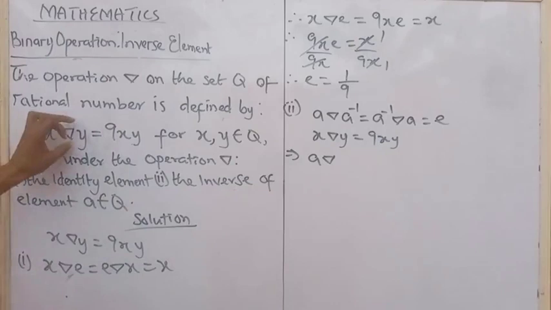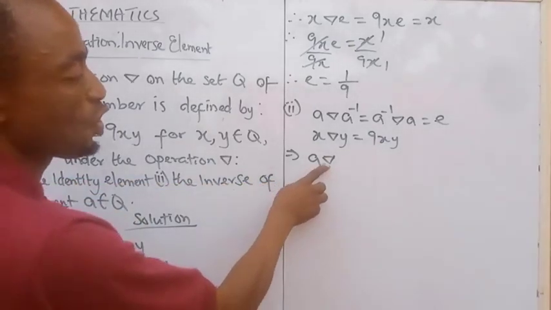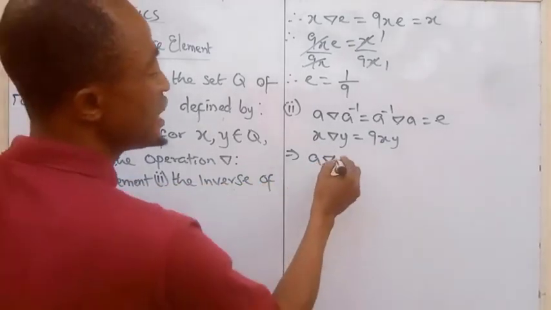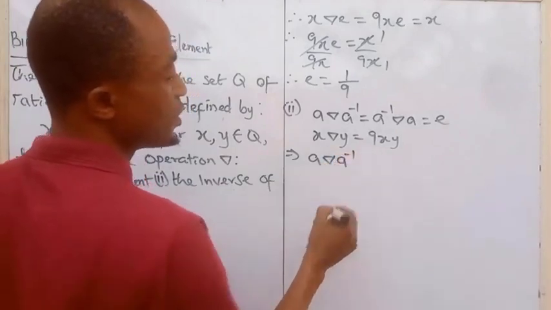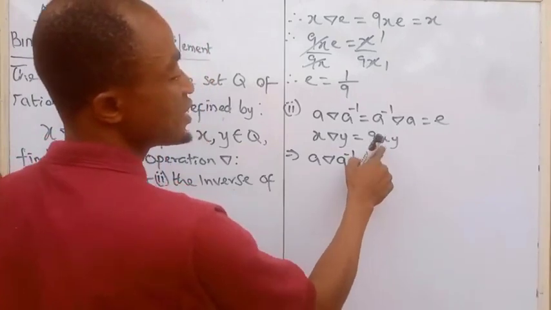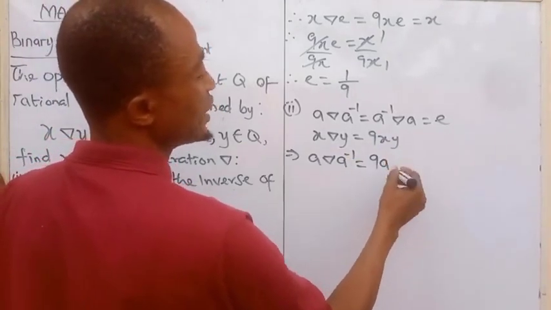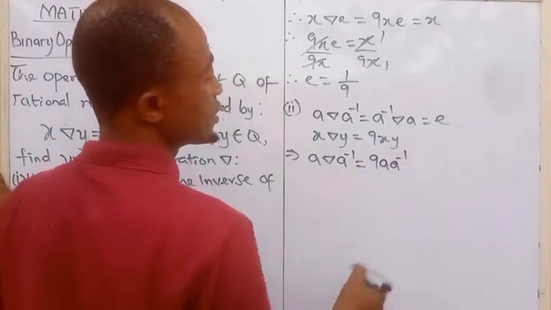So given x and y, we are already replacing x with a now, so that a * a inverse will be equal to 9, this is x, so it will be replaced by a, then y, that's a inverse.